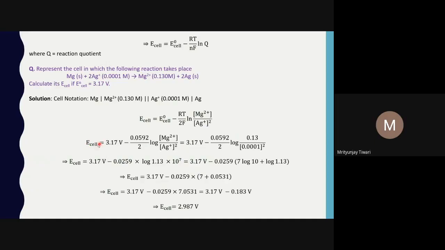And thus E cell is equal to E naught cell, which is already given as 3.17 volt, minus 0.0592 divided by 2 log, because RT by F with ln converted to log gives 0.0592 when multiplied by 2.303. Putting in these concentrations and solving the entire thing, you get E cell equal to 2.987 volt. And this is the answer. So this is the way we can solve such questions.